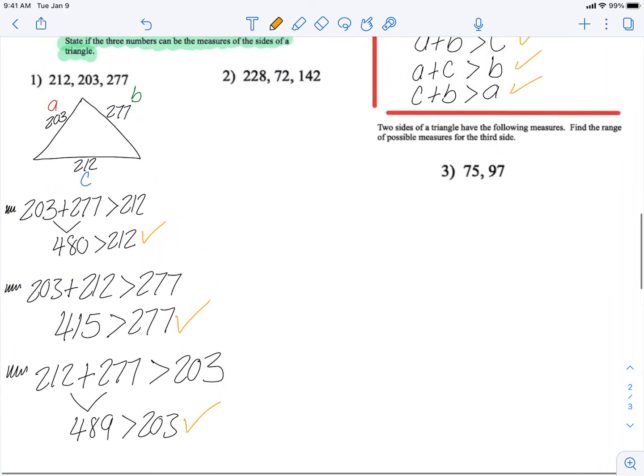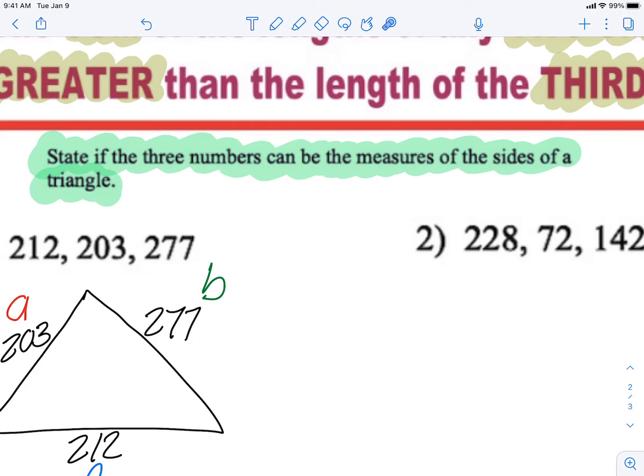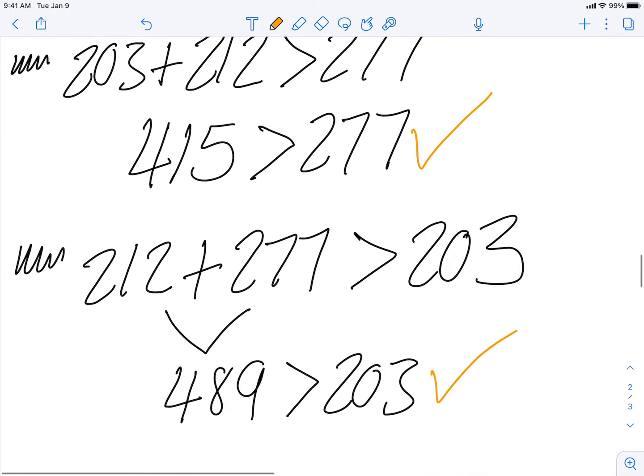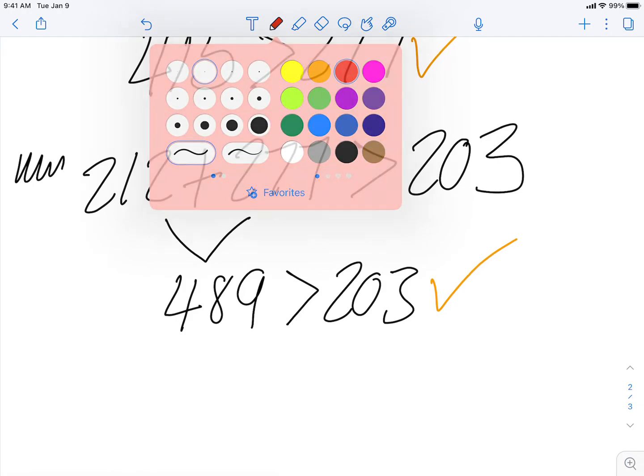So the instructions say, state if the three numbers can be the measures of the sides of a triangle. So our solution is, go back and let's do red.